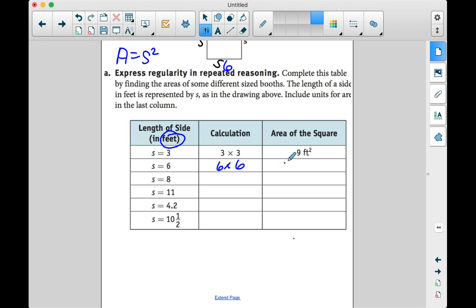So 6 times 6 equals 36, and my unit would be feet squared. I want you to try 8 and try 11. You don't have to try those two, but if you want to try some more complicated work, you are welcome to. But go ahead right now, I want you to hit pause on the video, try 8 and 11, and then come back and check your work.